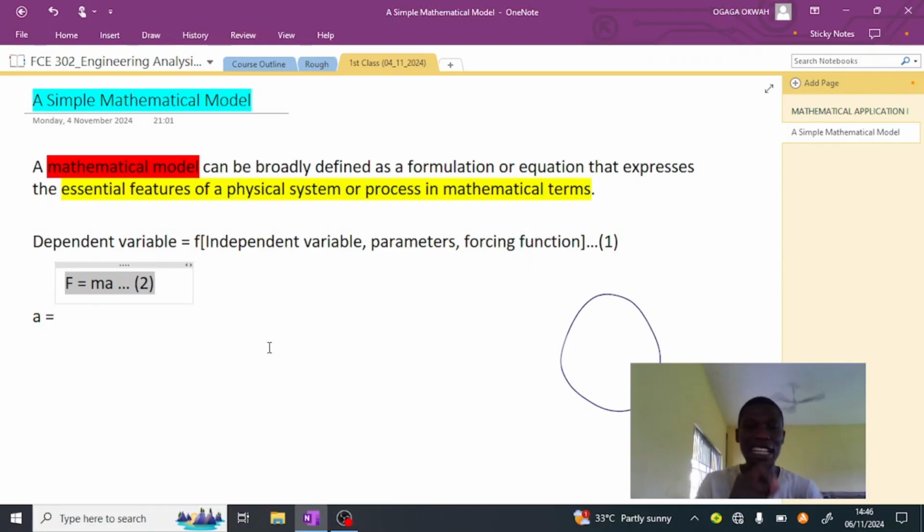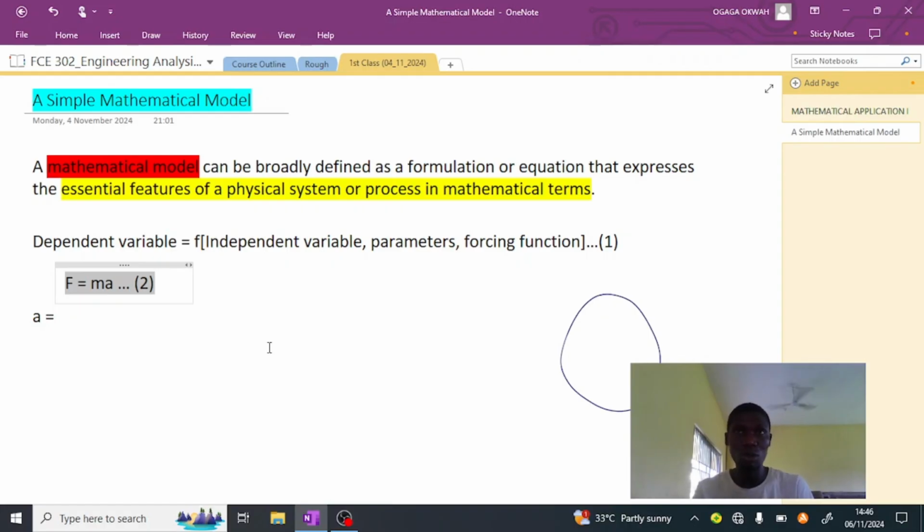When we say independent variable, we are talking about a dimension that has to do with time or space along which the system behaves, along which the system behavior is determined.